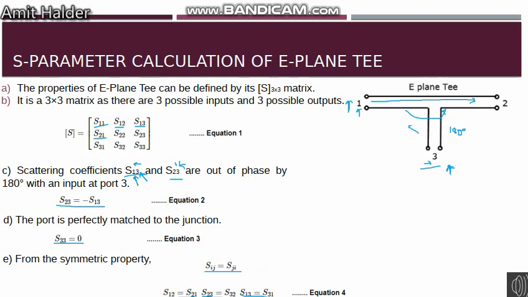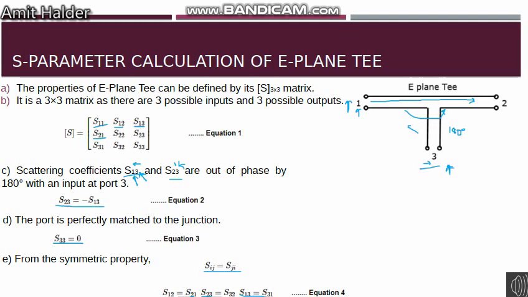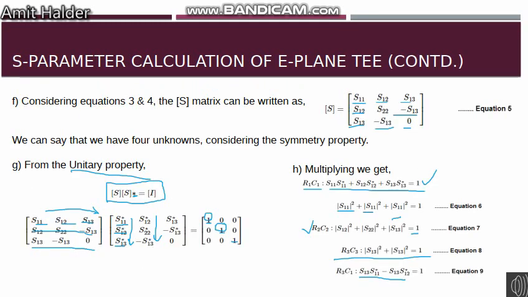So for this we can include some things, as you can see here. Now considering equations 3 and 4 that we have taken before, that S23 is equal to minus S13 as there is a 180 degree shift, S33 will be 0, and other mutual corresponding port numbers will be exchanged with each other. So you can write like this.